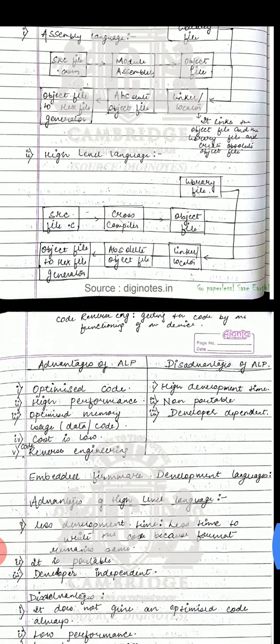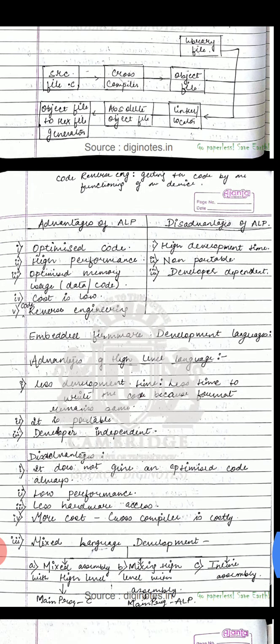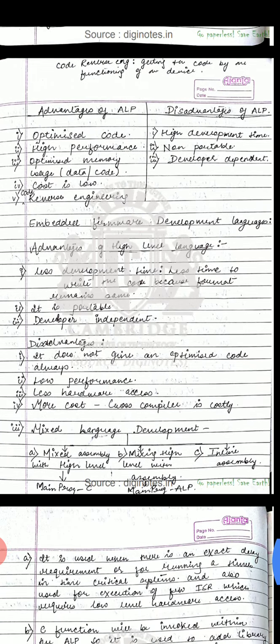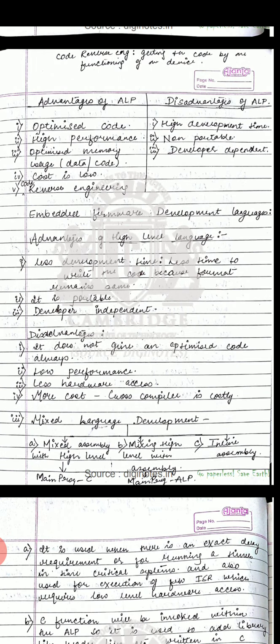We will now see the advantages of high level languages. The first advantage is less development time. It requires less time to develop and less effort to write the code, because the format will be the same in the high level language.